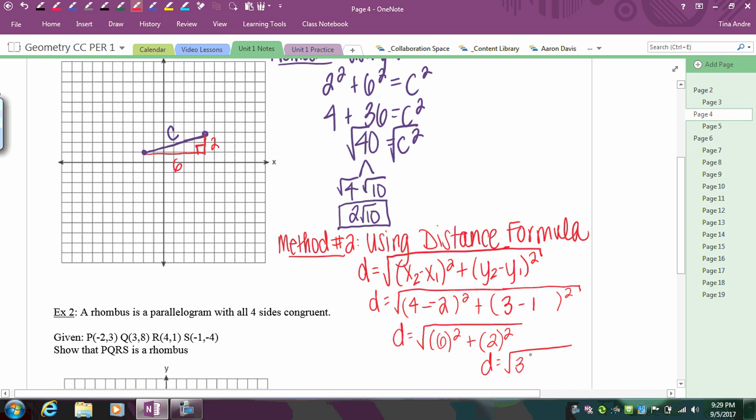So we get 36 plus 4 equals square root of 40, and then of course that's going to simplify the same way, so it'd be square root of 4 times square root of 10, because 4 is your biggest perfect square that goes into 40, or it's a factor of 40, so then we end up with 2 radical 10. So either way, you get the same answer.